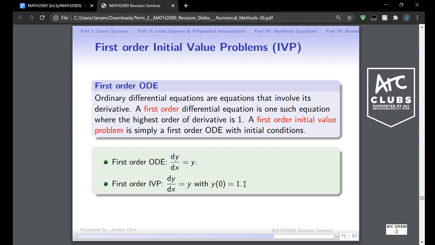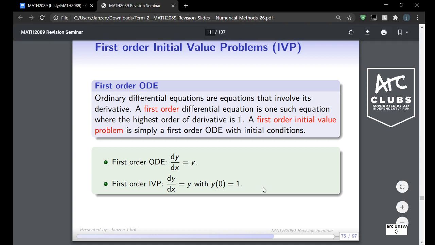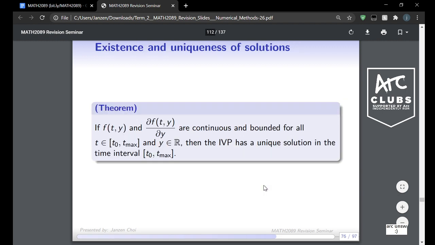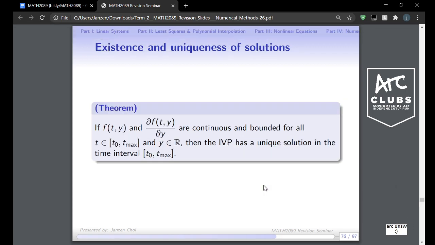If they don't give us the initial conditions, then usually just don't incorporate it into your answer. If the function and the y derivative of the function are continuous and bounded over a time interval, then the initial value problem will only have one unique solution. So this is basically what this theorem is talking about.